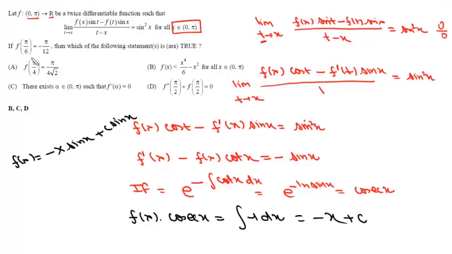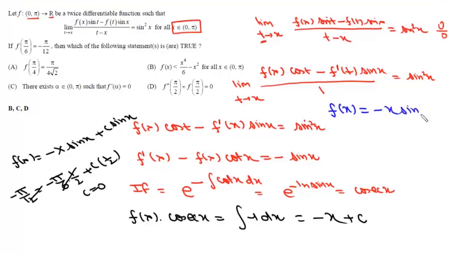So if we put x as pi/6, f(pi/6) is minus pi/12, and here it will be minus pi/6, and sin pi/6 is 1/2, plus c into 1/2. The halves cancel, and the value of c is 0. So from here we'll get this function f(x) as simply minus x sin x. So in our case, this function f(x) is minus x sin x.